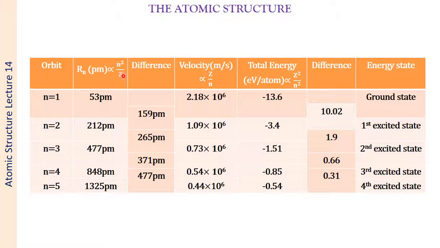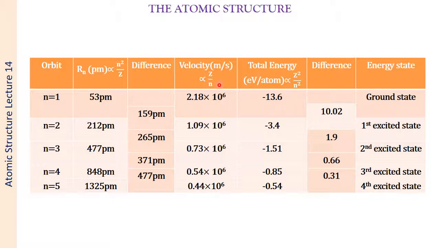Okay, and for the radii, you can see that with the increase in value of n, the radius is increasing, and the difference of the radii between two successive energy levels is also increasing, and the radius is directly proportional to n square. Okay, then velocity is proportional to Z by n.